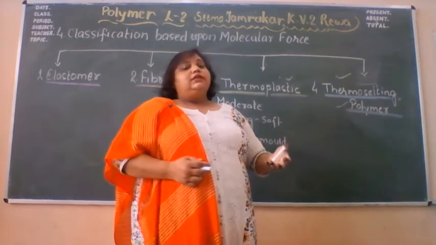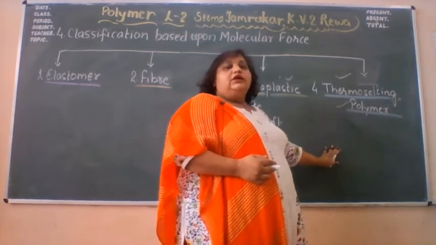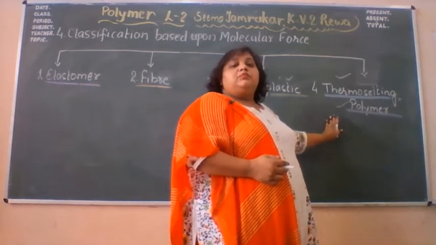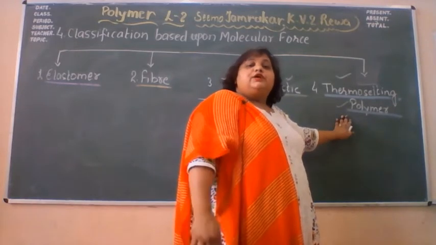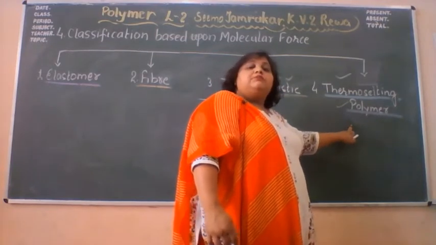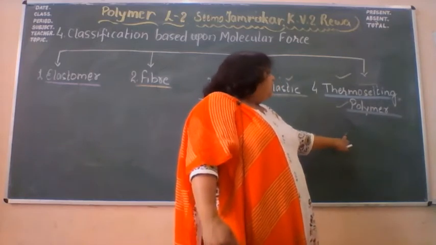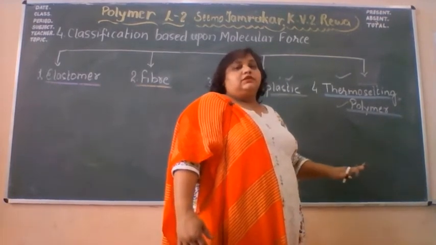But during the cooking of food, it never does. So what kind of changes take place? Irreversible chemical changes take place during the heating. On heating, it becomes hard. Remolding is not possible for thermosetting plastics.